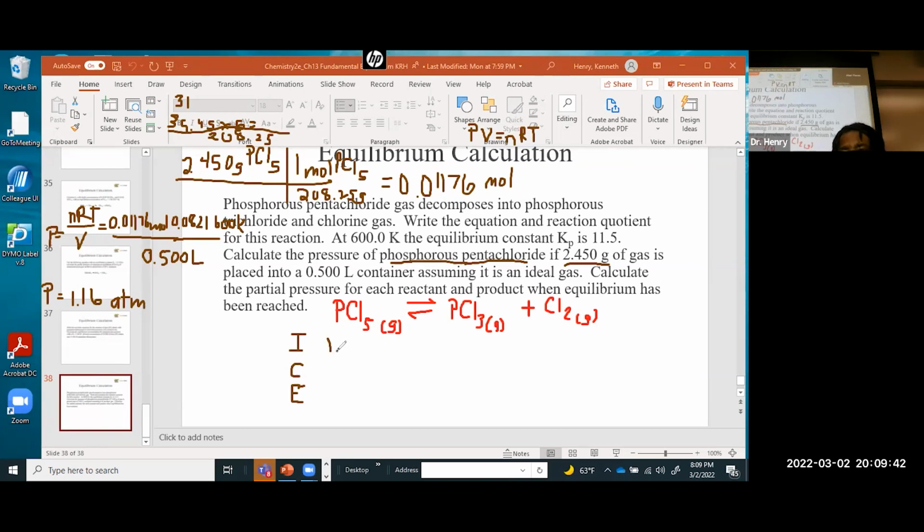So we're starting off with 1.16 ATM. Okay, how much of the PCl3 are we starting off with? 0, 0. Okay, the change. Then X.